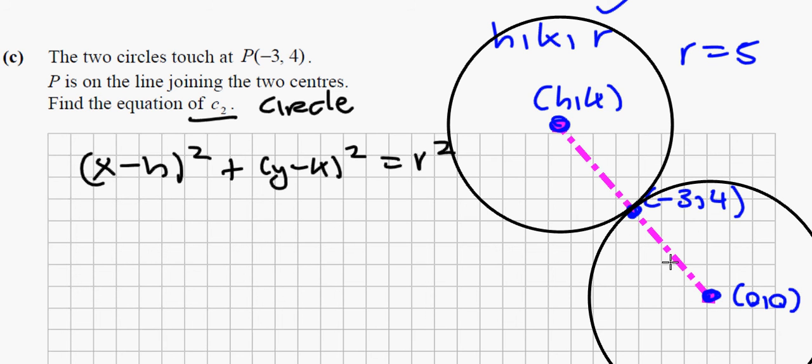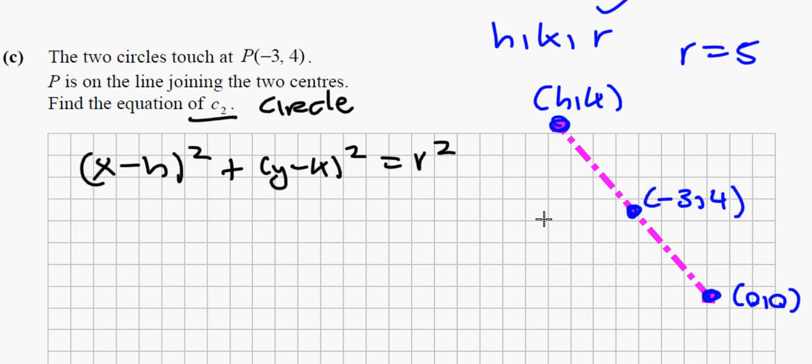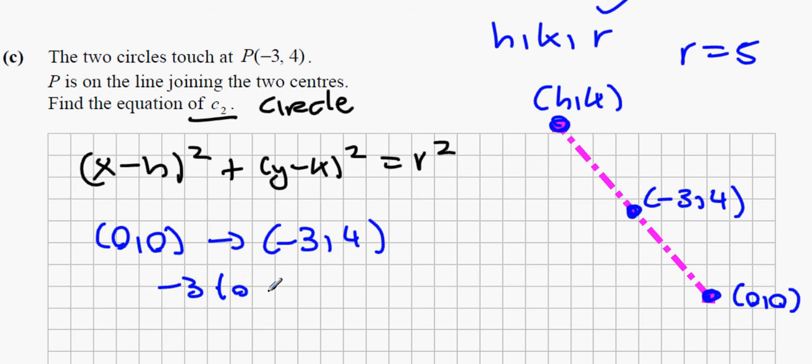Okay, so what we can say is that to go from 0, 0 to minus 3, 4 you go across 3 and up 4. So 0, 0 turns into minus 3, 4, and it does that by going minus 3 to x and plus 4 to y.